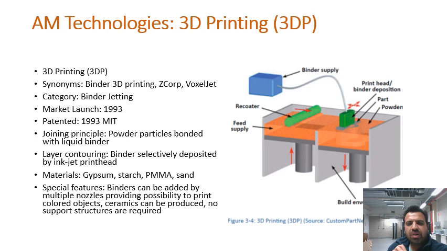Nowadays, this technology is getting some attention because the manufacturers are claiming that with this technology you can now produce parts with a high density and better mechanical properties, which was not possible in the past.